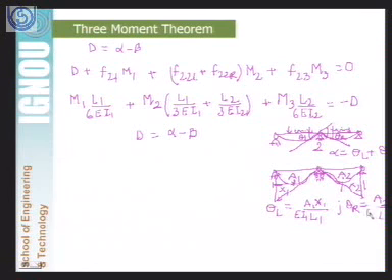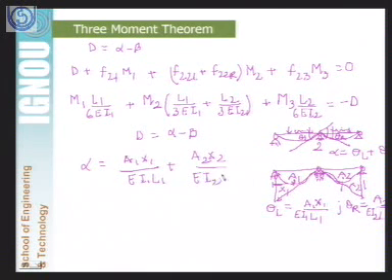Here also we have to divide it by EI2. So this will be the value of theta L and theta R, that is alpha. So alpha will be equal to A1 x1 divided by EI1 L1 plus A2 x2 divided by EI2 L2.